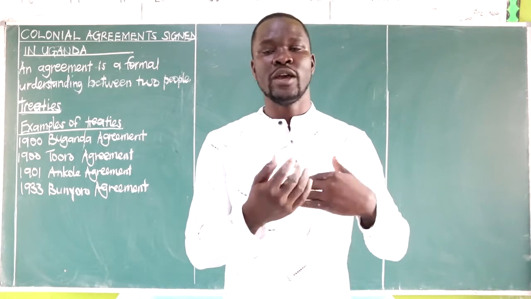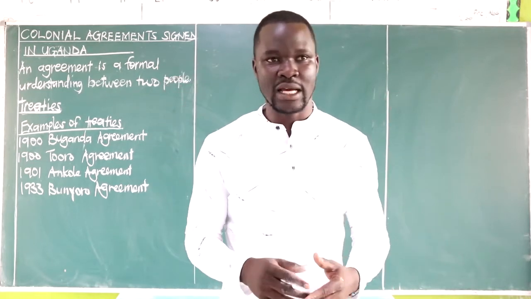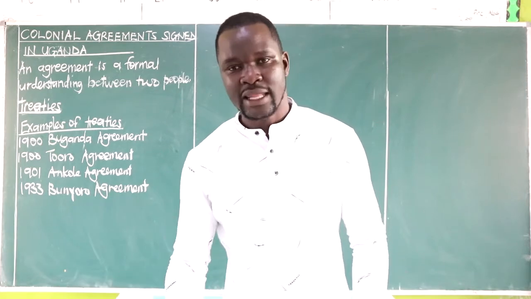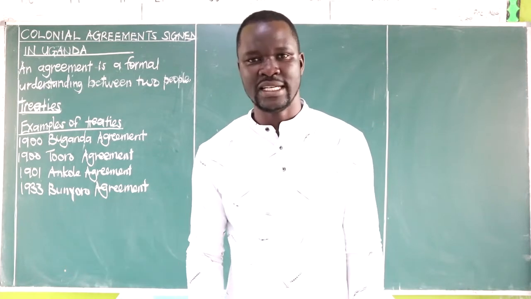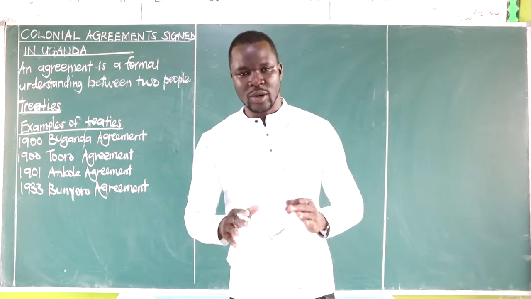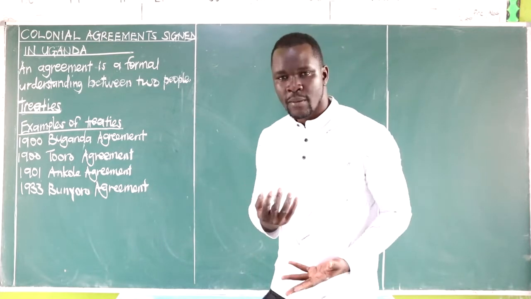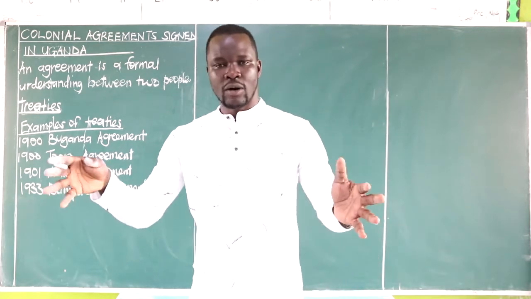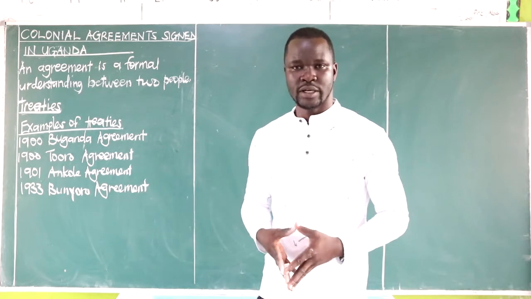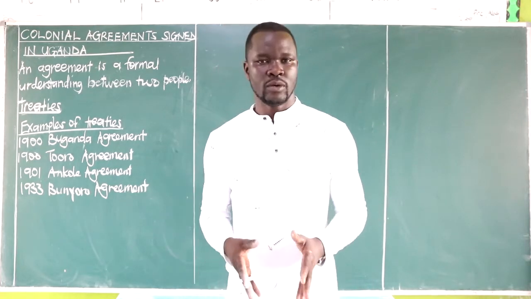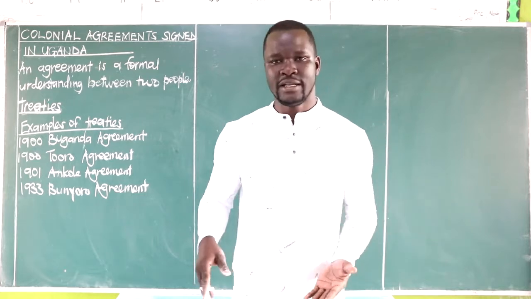Therefore, there is no way you can wake up the next day and say, oh my Lord, what? There is a paper that you endorsed, you put your signature, you signed to show that you agree. So they were making these agreements as a proof that they had power over that territory, and therefore this was now permanent and it was irreversible, meaning it cannot be reversed.